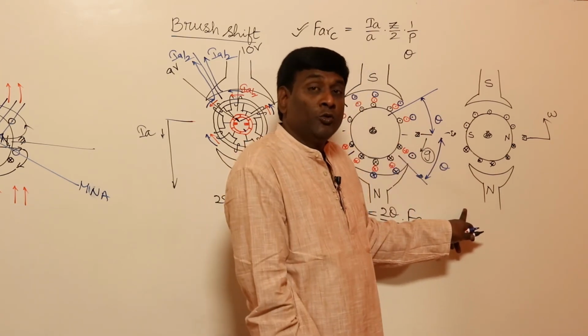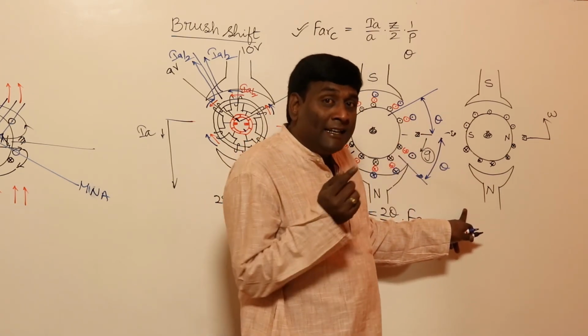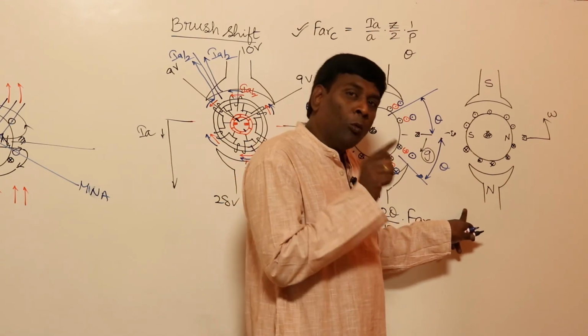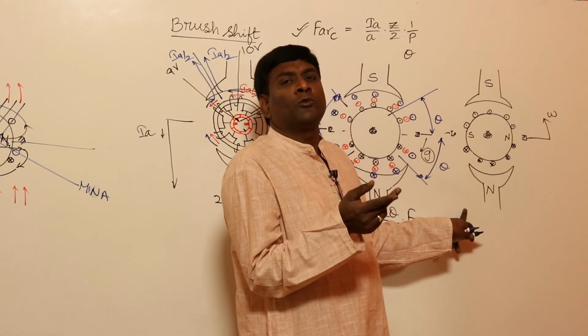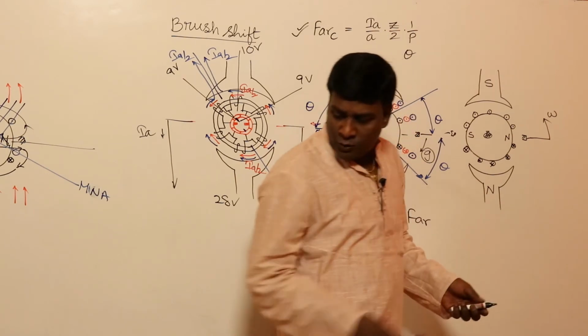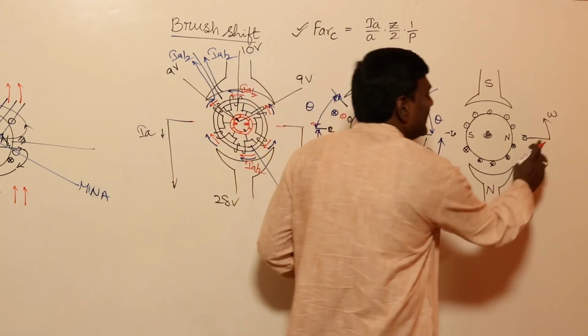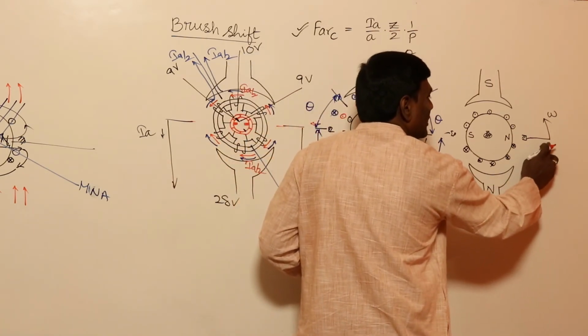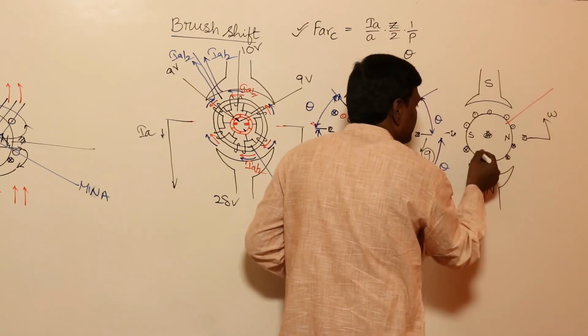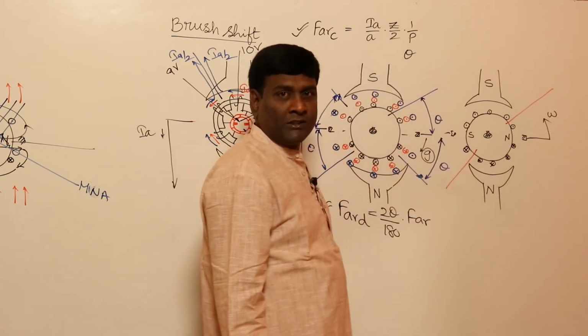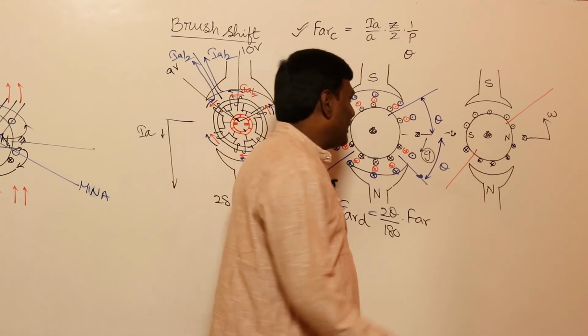For example, you shifted the brush axis in the direction of rotation of motor, or against the direction of rotation of generator. Means that you shifted to here. Then what will happen?